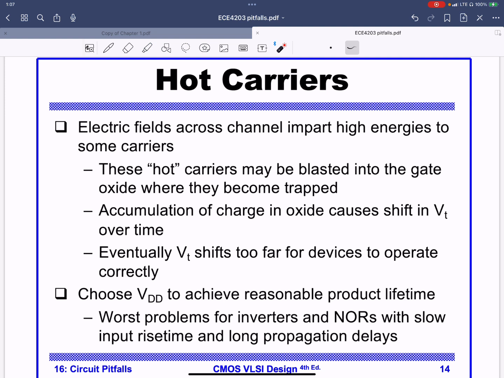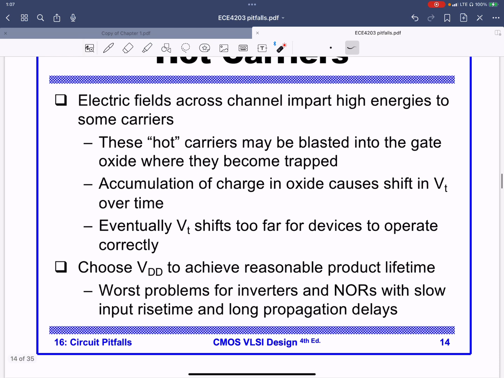As you guys remember, high threshold voltage reduces the speed. Low threshold voltage increases the leakage current, and either one of those could be bad, especially if you weren't planning for them. So what happens there is the manufacturer has already chosen the supply voltage to give you a reasonable product lifetime. That's where the 1.1 volt plus or minus 10% or 800 millivolts plus or minus 10% comes from.